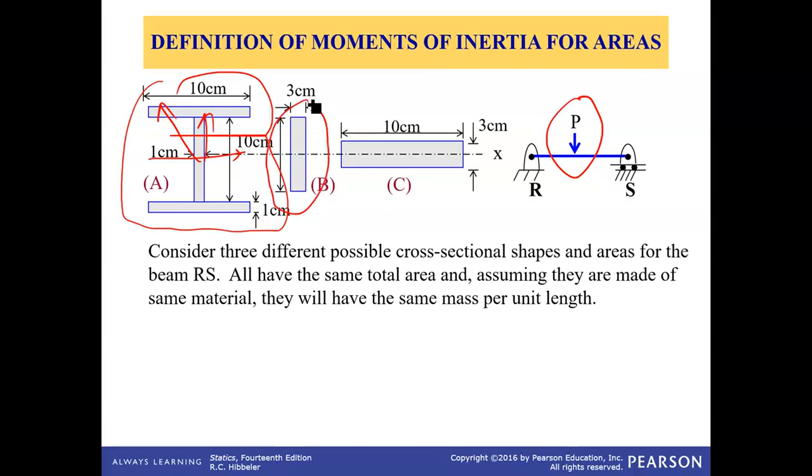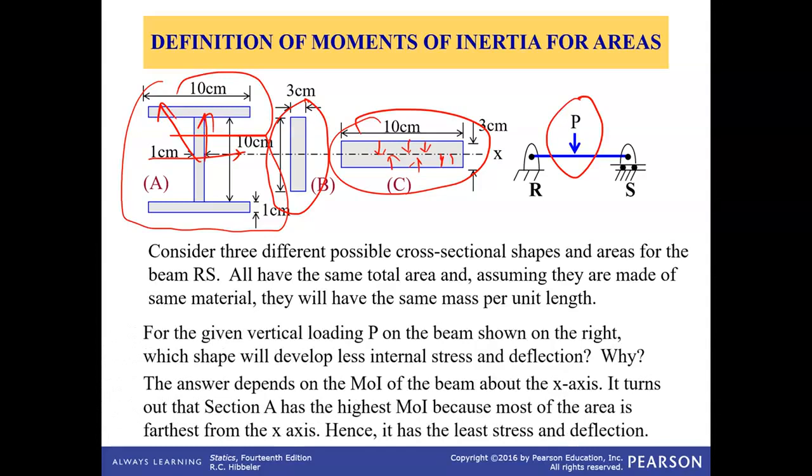The second has the second highest resistance to bending, and this one has the lowest resistance to bending because the majority of the area is close to the center line. So for moment of inertia, we would like to spread the area away from the center line to have high resistance to bending. That's what is being explained here.